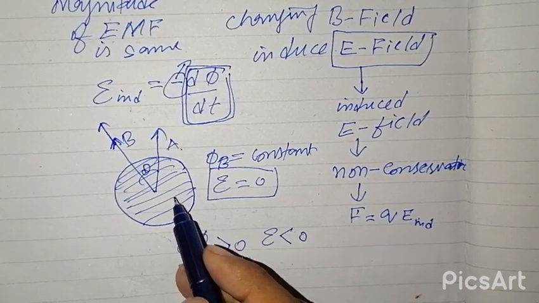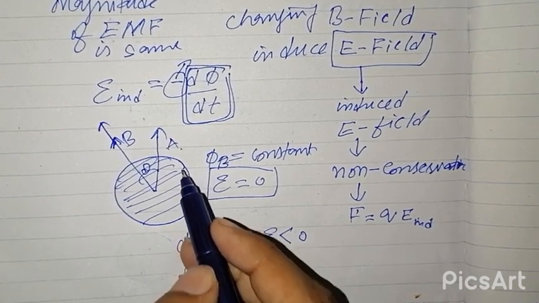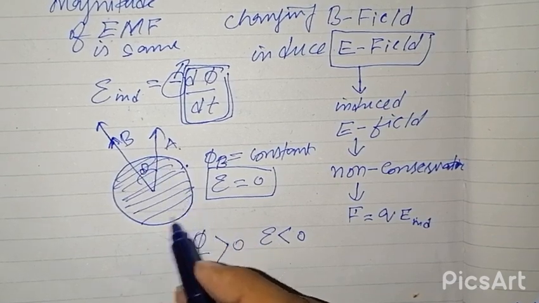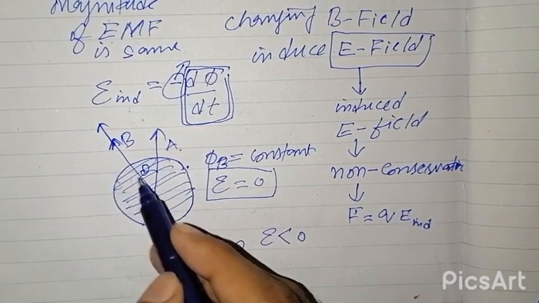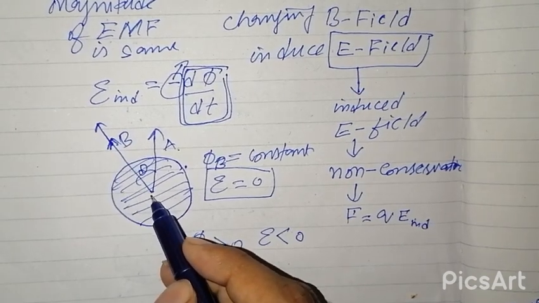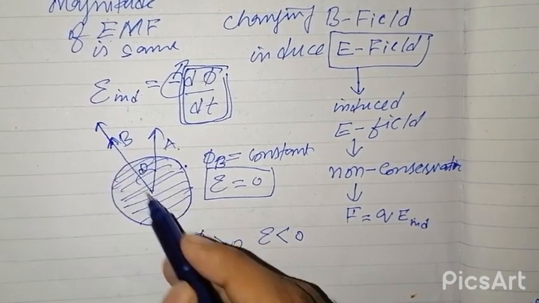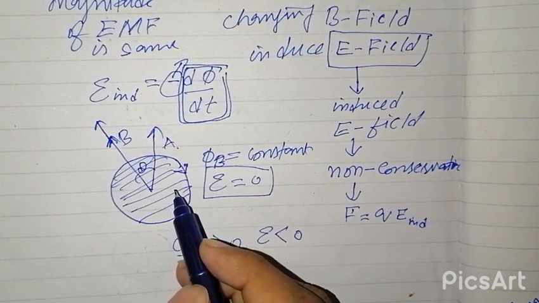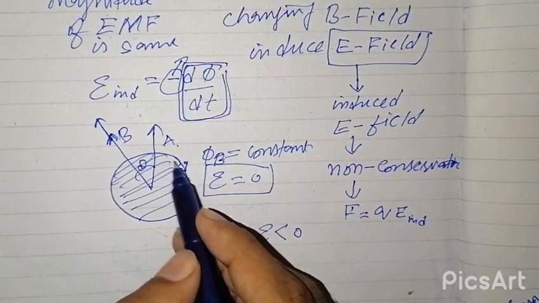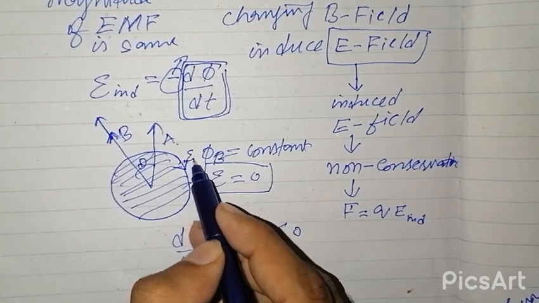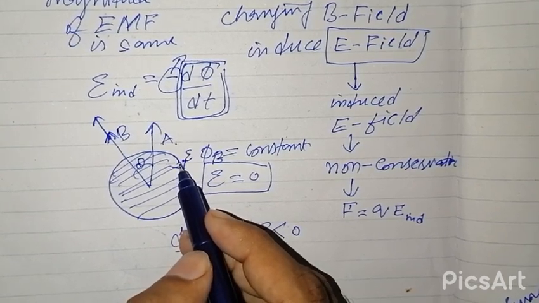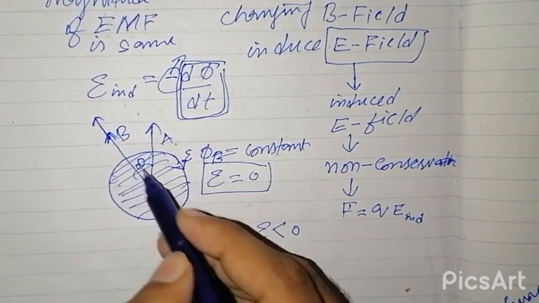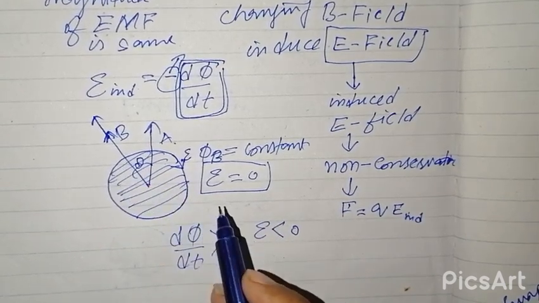The new magnetic field that is produced by this EMF induced in this coil will oppose this magnetic field. So that magnetic field will be opposite to this magnetic field. EMF will be in this direction, because if you curl fingers in the direction of this EMF, the magnetic field will be opposite to the external magnetic field.